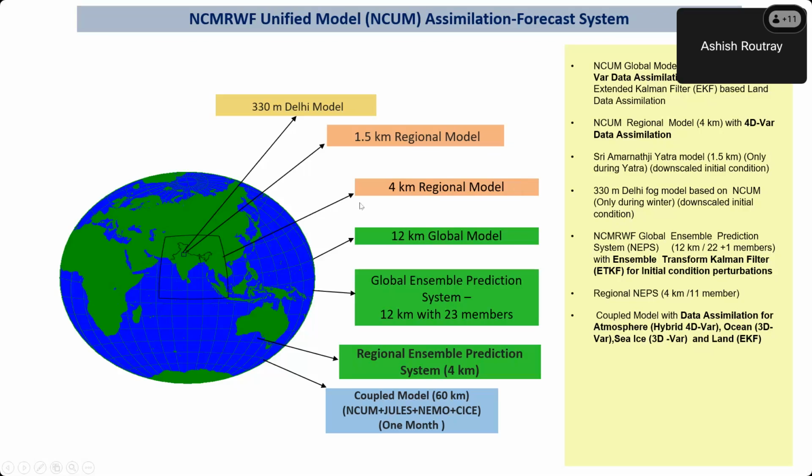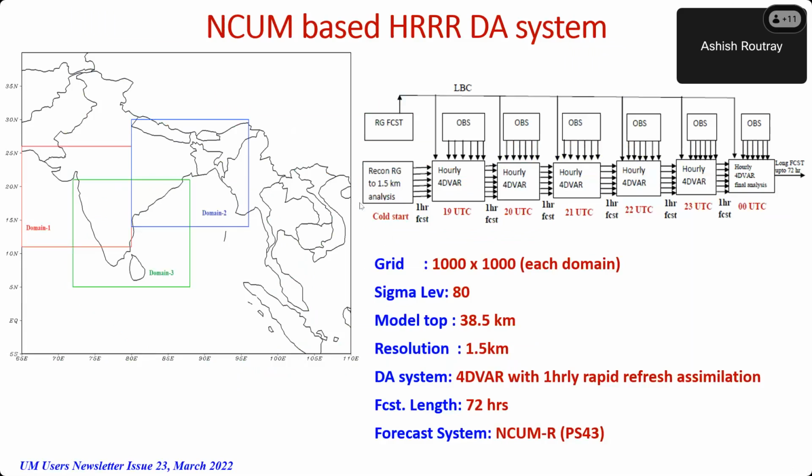Based on this regional model, we developed one HRR system over the Indian region. In this NCM-based HRRDA system we have 3 domains. Domain 1 covers the western part of India, domain 2 is eastern, and domain 3 is the southern peninsula extending up to central India.